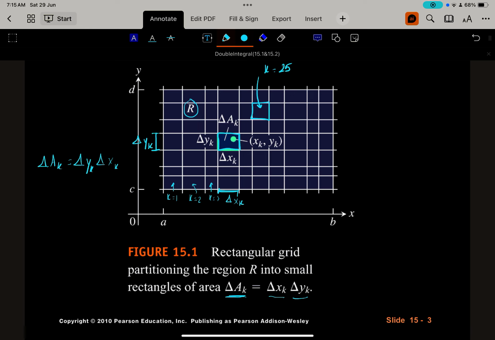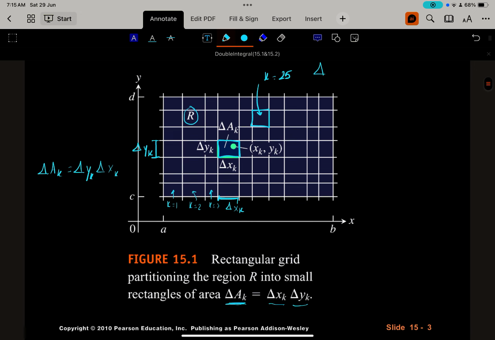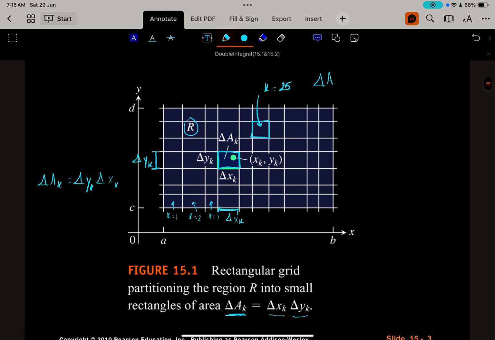So the area here is just delta A of 25 equal the change in y of square 25 times the change of x in square 25, so equal delta y 25 times delta x 25, and this will give us the area for square 25.